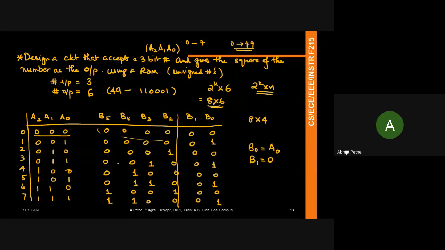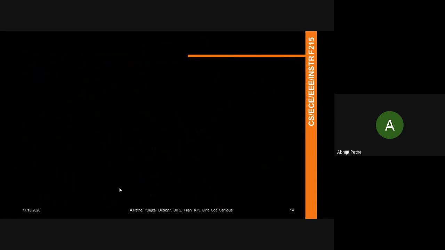At address 3, I write 2. At address 4, I write 4. At address 5, I write 6. At address 6, I write 9. And at address 7, I write 12. Everybody following? So if I want to draw the circuit now, I would draw the circuit like this.